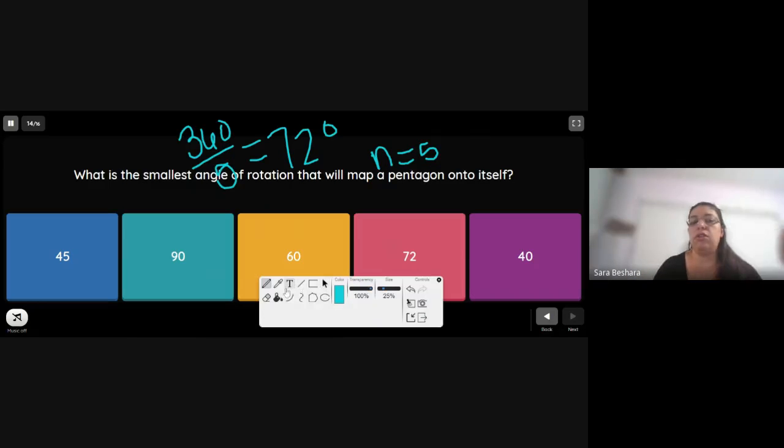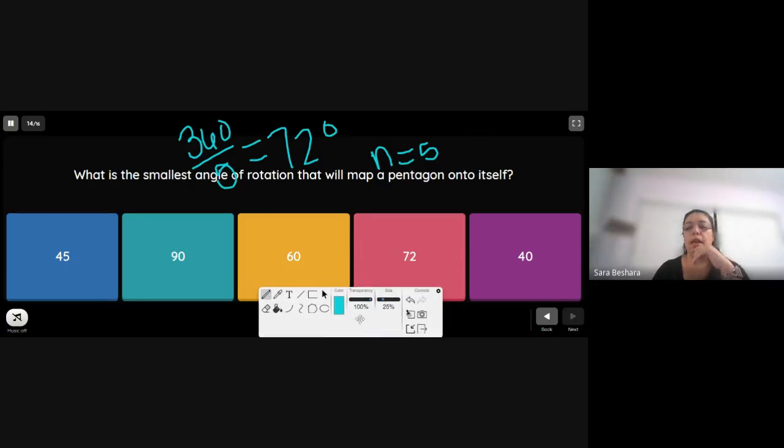Again, multiples of 72 will also be rotations. I can add another 72, so it'll be 144, and I can add another rotation after that. These are all angles of rotation.